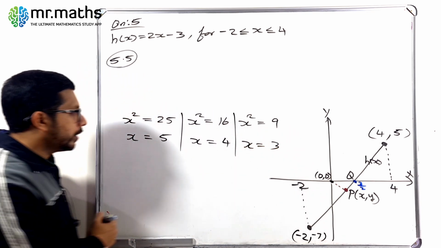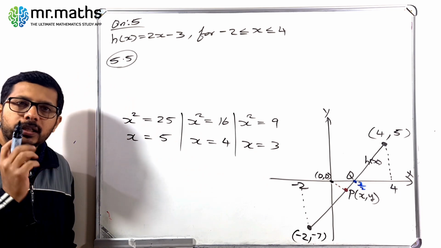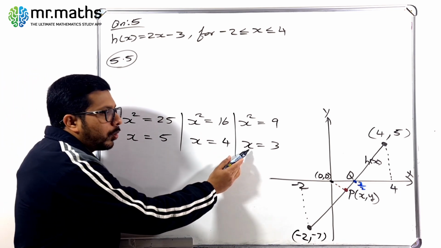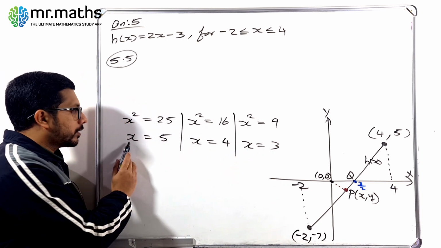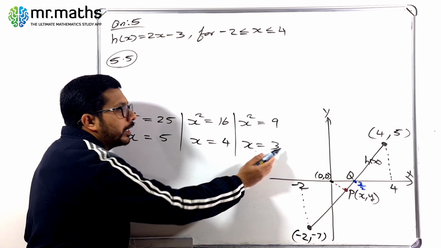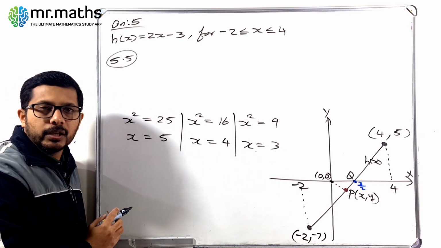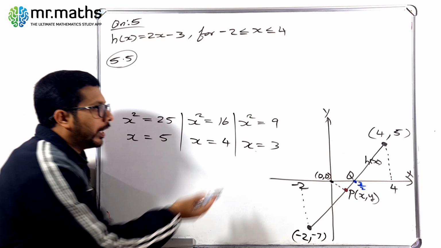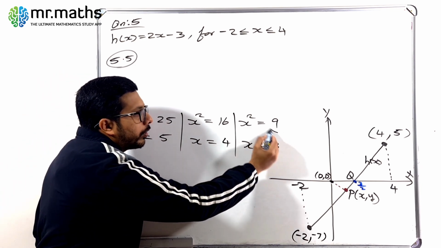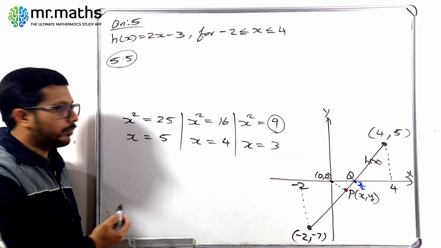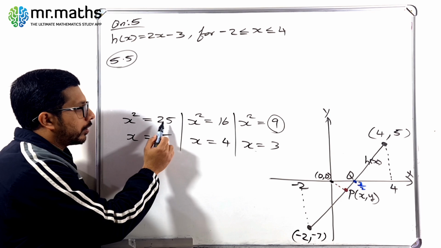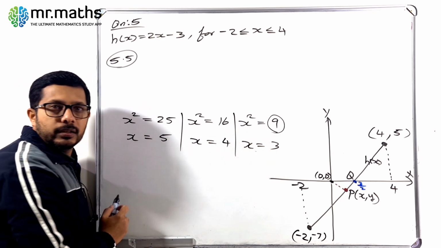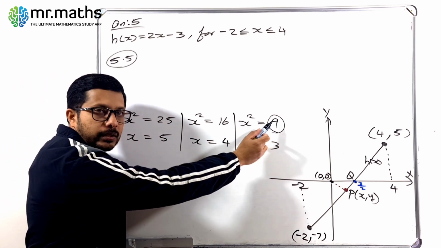Now look at this one. To get the smallest value of x, here x is equal to 5, x is equal to 4, x is equal to 3. To get the smallest value of x, this x squared must be smallest. Which one is the smallest here? x squared, 25, 16 or 9? 9 is the smallest. Do you understand?